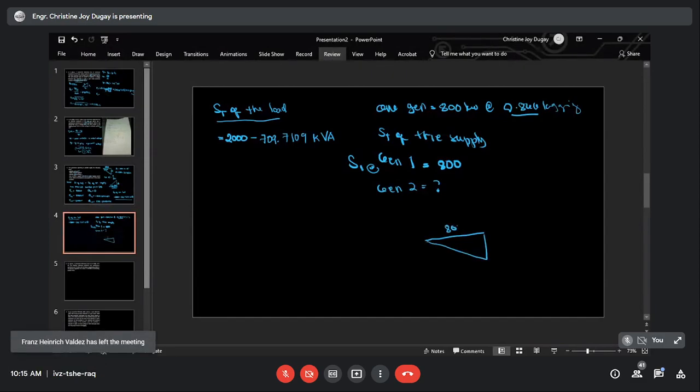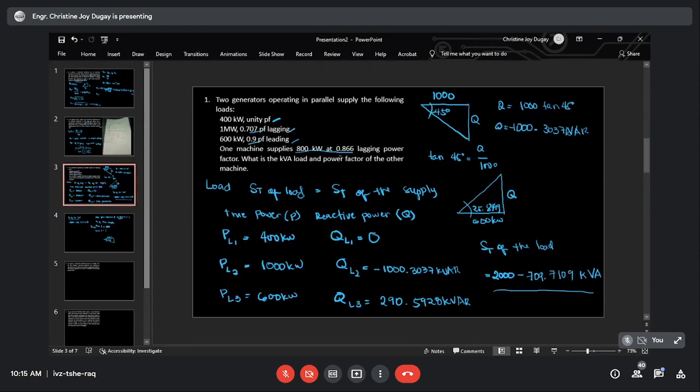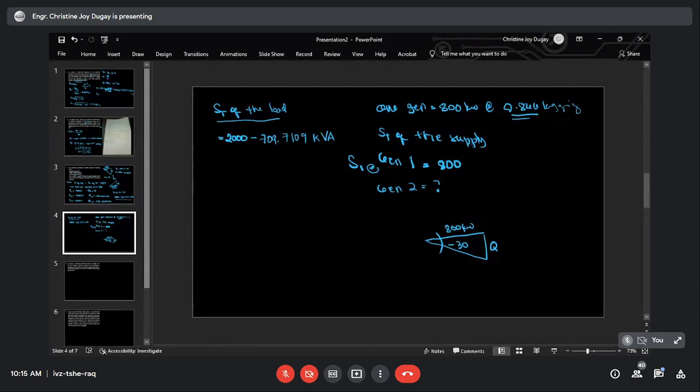That is 800 kilowatt at, assuming, negative 30, if I'm not mistaken. Why negative? Because we are below. Same as earlier here, why was that only 45? That should be negative 45, so that you won't forget the sign. And what is now the value of Q here? Negative 461.9342 kVAR.